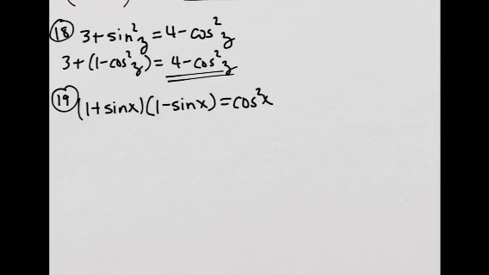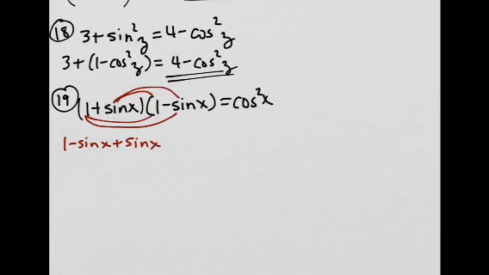Okay, for number 19, I'm going to work on the left side, and I'm going to distribute. I'm going to multiply the two parentheses, the two binomials. So I have 1 times 1 is 1. 1 times negative sine is negative sine x. And then sine x times 1 is positive sine x.